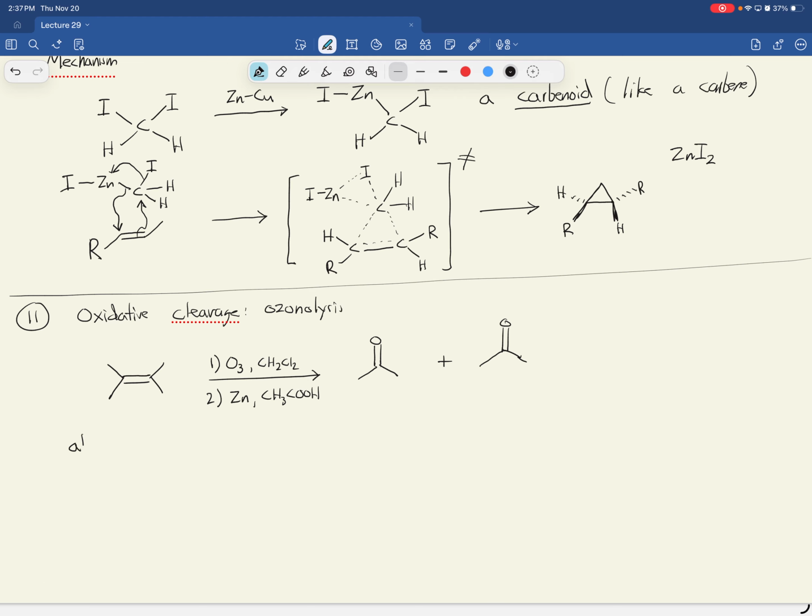All right, so what is this useful for? Aldehydes from alkenes and ketones. All right, so let's do an example. So here's my aldehyde.